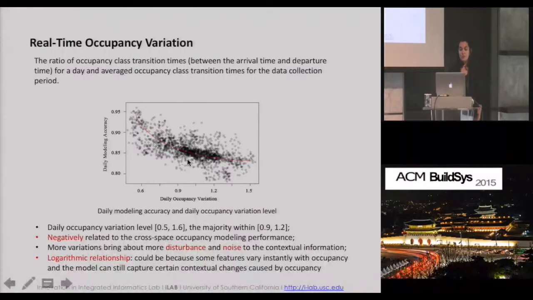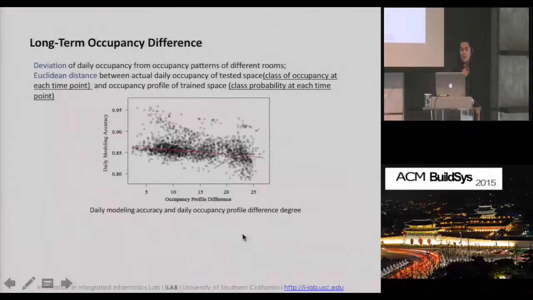And the daily occupancy variation and daily modeling accuracy were negatively related, so they had a logarithmic relationship. This could be because some features vary instantly with occupancy, and the model can still capture certain contextual changes by occupancy. Then we looked at the long-term occupancy distance.